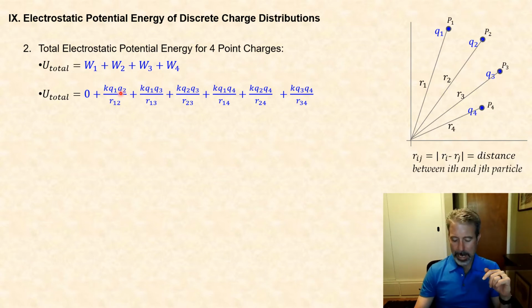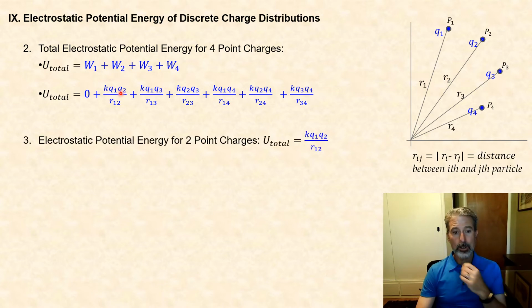Therefore, for a collection of 2 point charges, the total potential energy has a single term here. So this is quite useful to know. Just want to point out here that potential energy, unlike field, doesn't go like distance squared, it goes like distance to the first power.